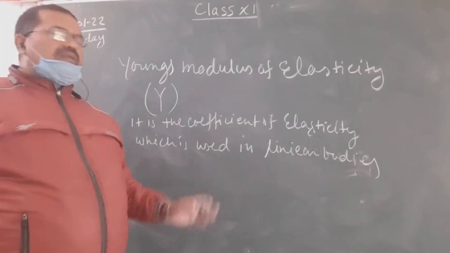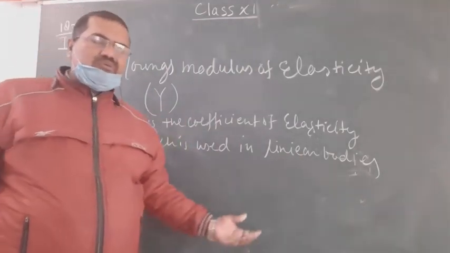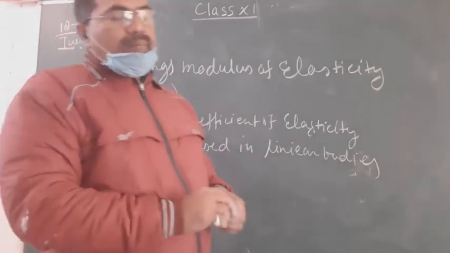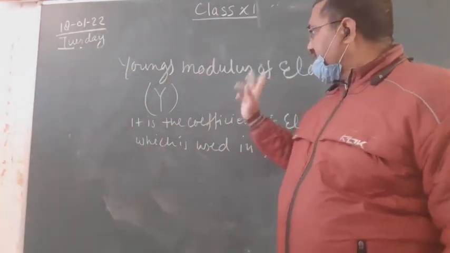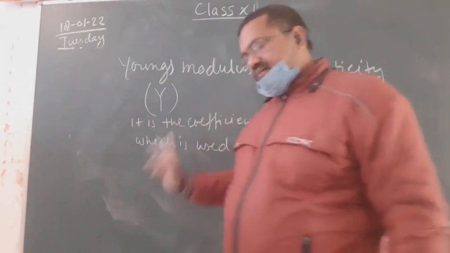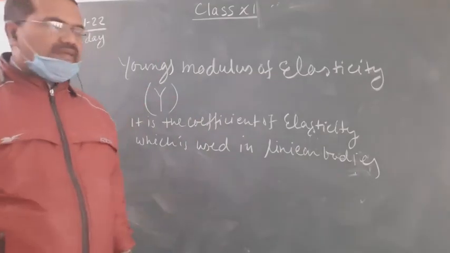Basically, elasticity is a general form, and Young's modulus of elasticity is also elasticity, but it is used in general for long bodies, like a cylindrical wire.